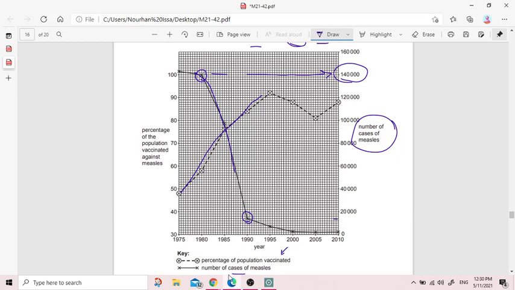The cases decreased steeply, and then it became constant. The vaccinations increased, and then starting from here, what happened? What do we call this part? If you get a zigzag line like this, decreasing and increasing, we call it fluctuates.